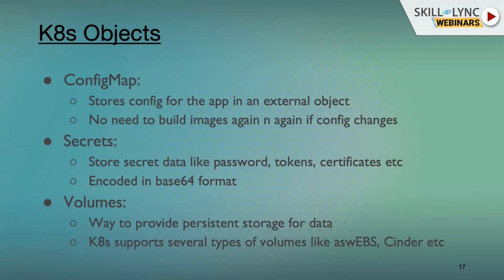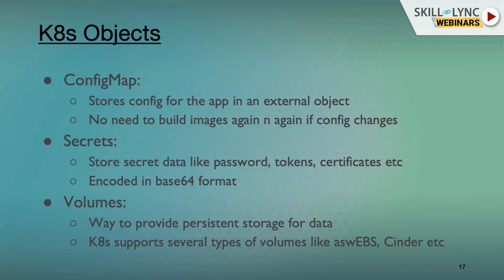If you make that part of your application image, and tomorrow I want to change the file path, I'll have to build the application again, create a Docker image again, and then deploy the pod or deployment again on Kubernetes. And these config parameters may keep changing, and you don't want to do that always.